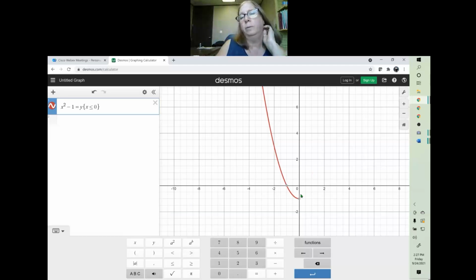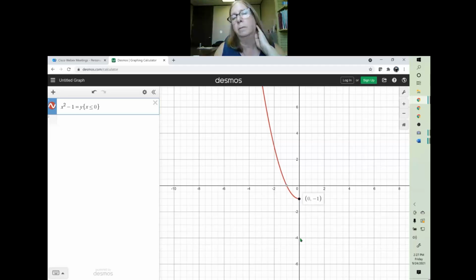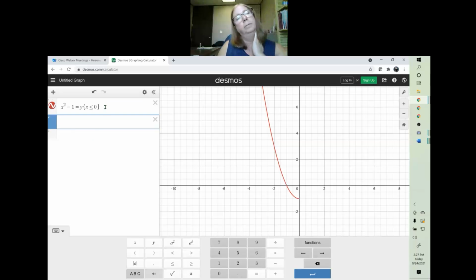So notice it's only showing you when it's less than or equal to 0. Any questions on that part? I hit enter so the next one would come up.